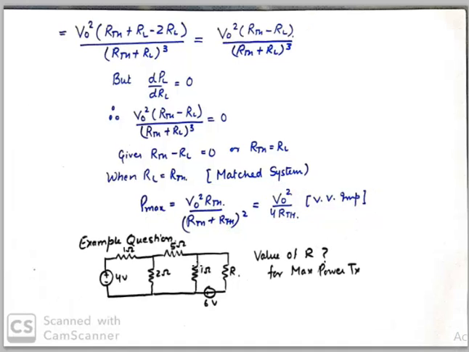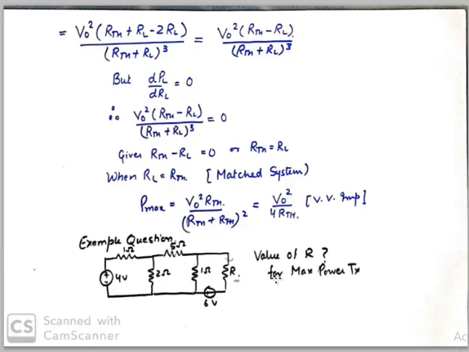You might be given a network where you'll be asked what should be the value of RL so that the maximum power is delivered to this load. So if you examine closely, it is not asked to find the maximum power.